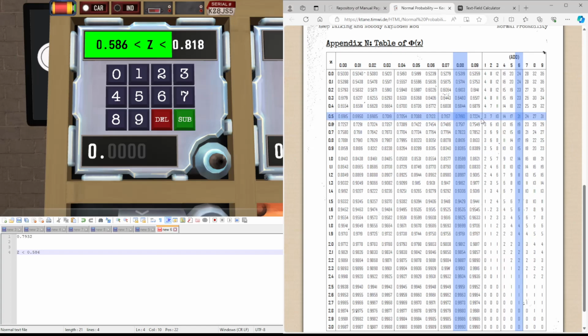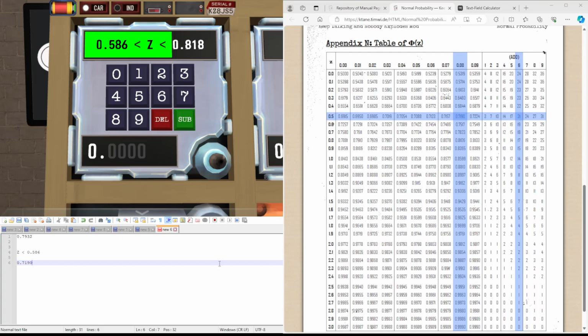It's just I got a little worried there, but the same number appeared in both these places. Oh, it's not even the same number. I can read it. So, not that, 0.7190. Apologies for that. That's for the 0.58 part.